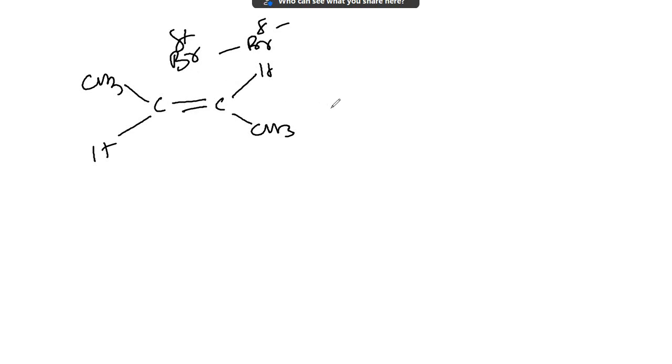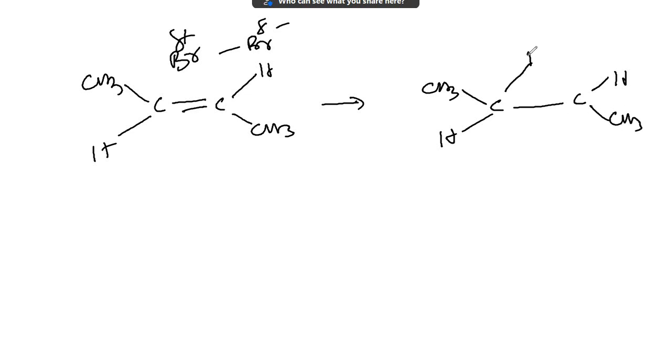The double bond doesn't break up completely, forming an intermediate like that. And Br minus has a chance to attack either the first or the second carbon, and ultimately a product will be this.